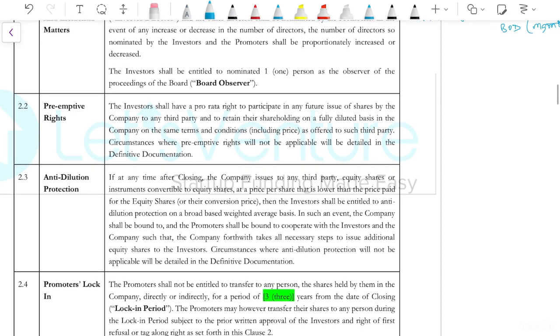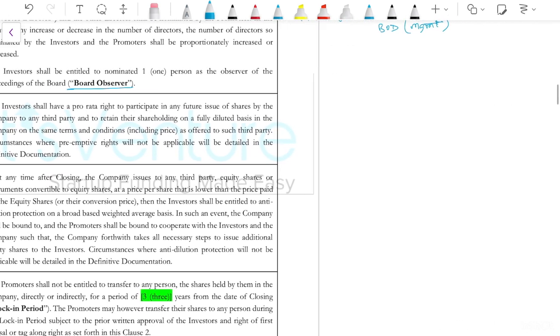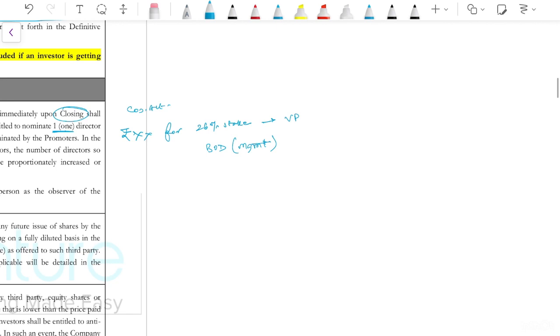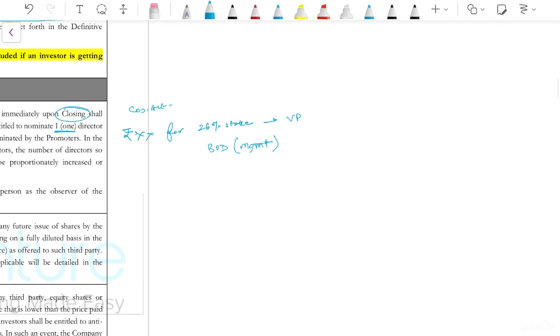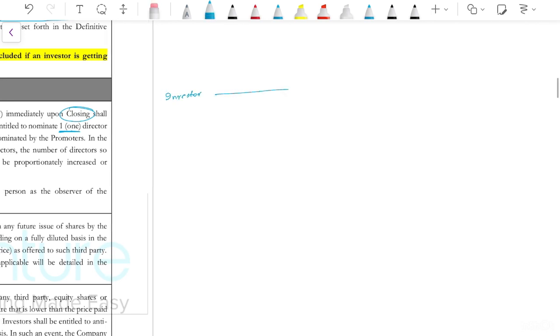And lastly, there is the clause of board observer, wherein the investor is saying that on top of a director, I also want an observer. So understand this point. Let's say I am an investor who takes up a 26% stake or a 20% stake in company XYZ Limited.